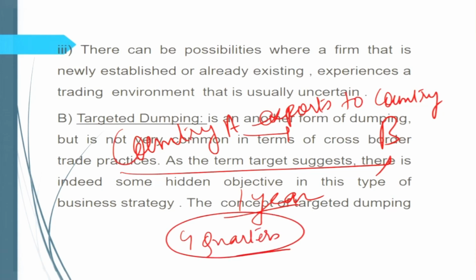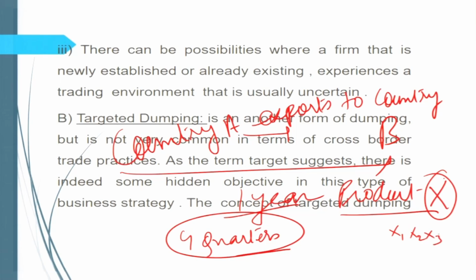All right. Now, in these 4 quarters, that product has various types. Product X has various types: X1, X2, X3, X4. These are the types.